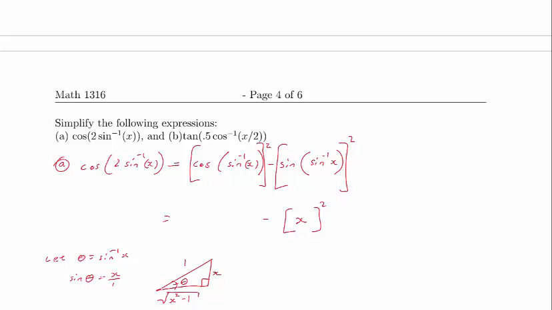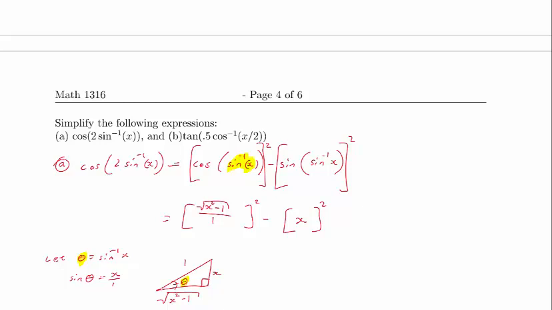So note that this guy right here that I've highlighted, that's our theta. And we're taking the cosine of that angle. So what is cosine? Cosine is adjacent divided by hypotenuse. And so the adjacent is the square root of x squared minus 1. And the hypotenuse is simply 1.